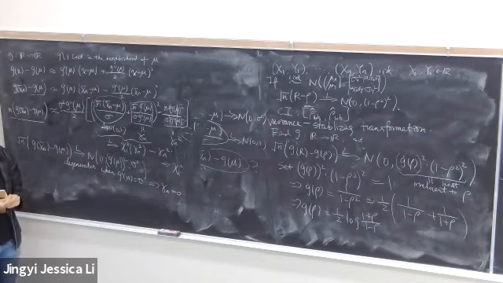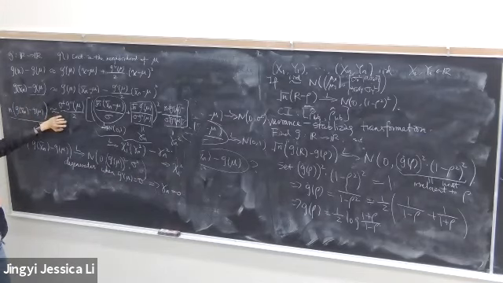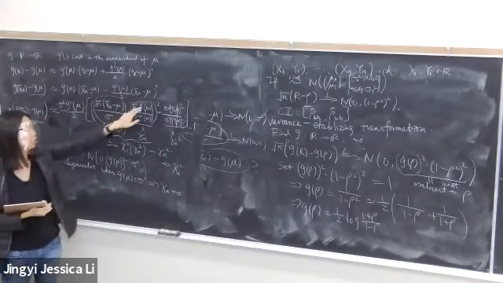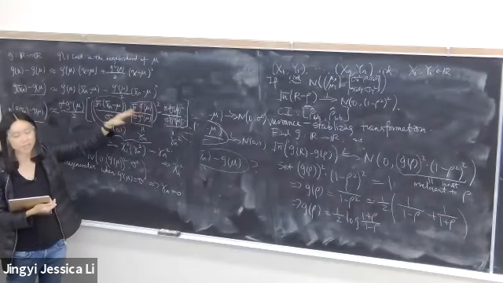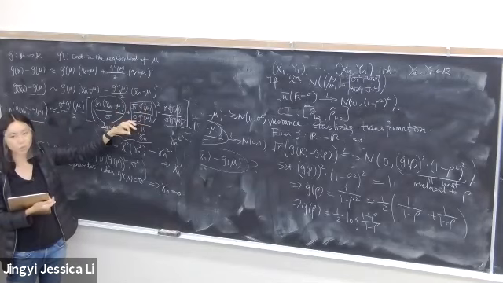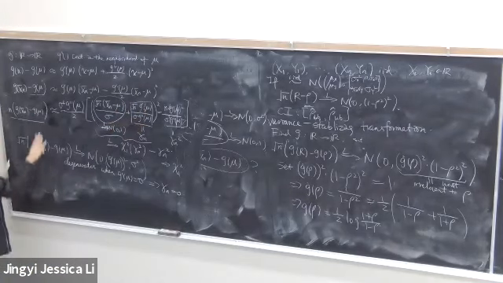That's it. But you can see that the whole derivation for the second order Taylor doesn't require g prime mu to be 0. This holds in general. Then you may wonder how close this is to this.